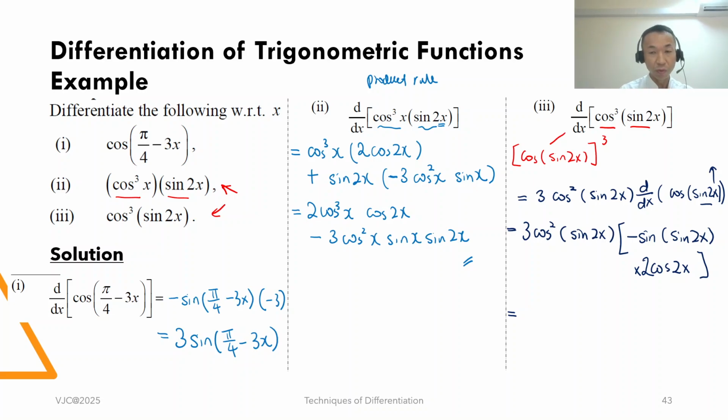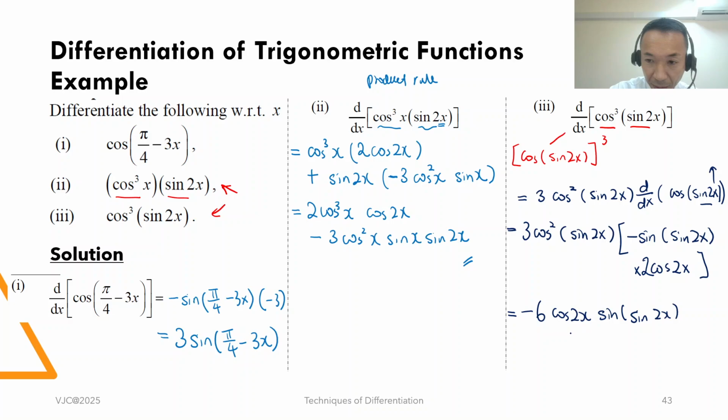Many layers of chain rule. You may want to replay the video to see what is going on. Therefore, for the final answer, you multiply everything out, and you get minus 6 cosine 2x multiplied by sine 2x, then multiplied by cosine square sine 2x.